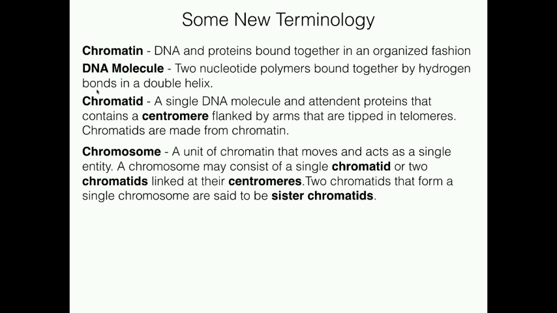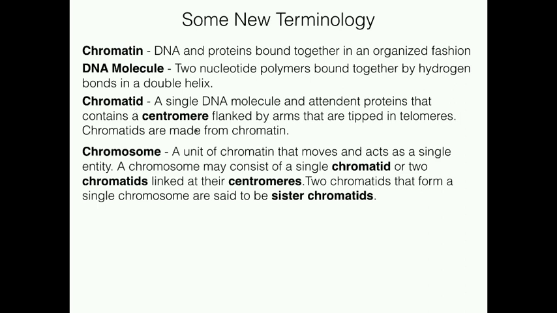A single DNA molecule and all of the proteins that go into making it chromatin, which are mostly proteins called histones, which are organizational proteins that the DNA is wrapped around, that's called a chromatid, right?